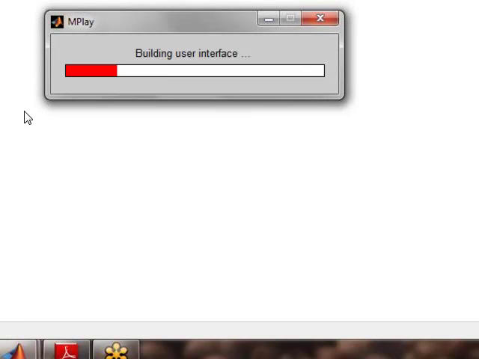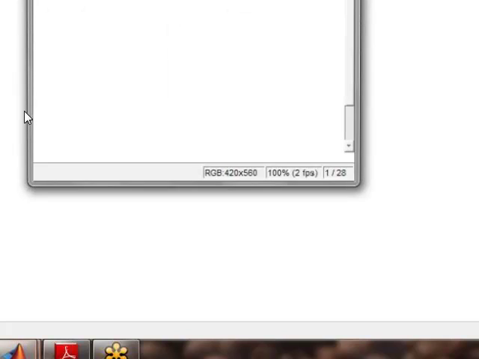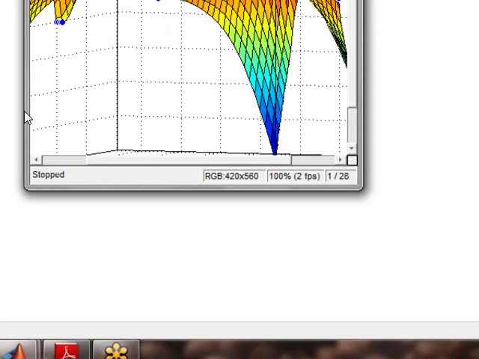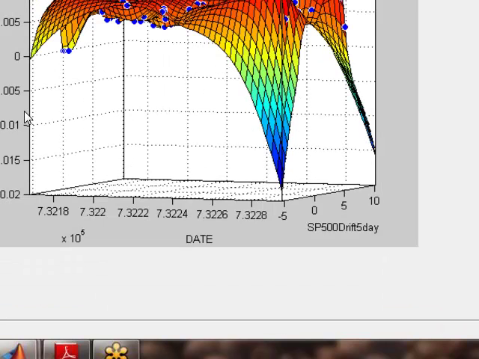Now you can load this movie in QuickTime or in the Microsoft player or any player to load up an AVI. I like the mPlay program within MATLAB because you can modify the frames per second a lot easier than some of these other packages.